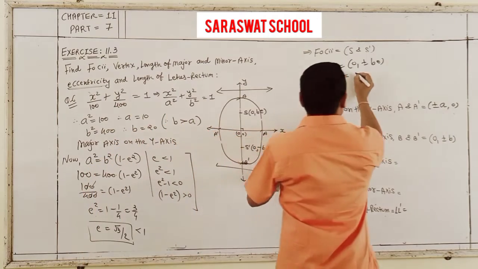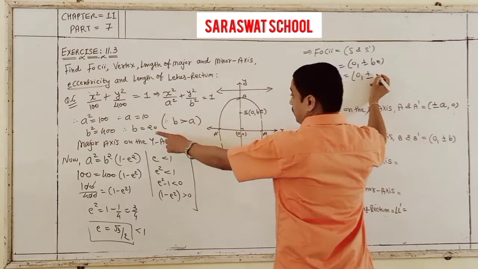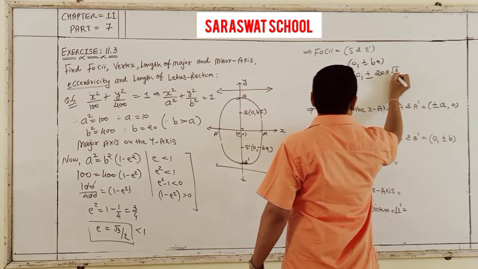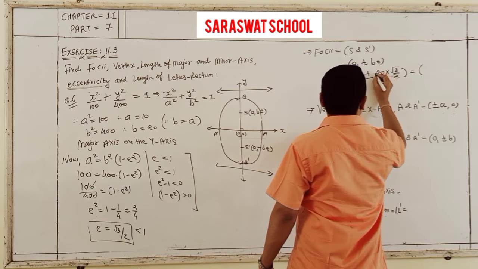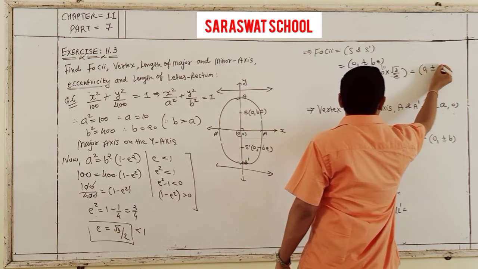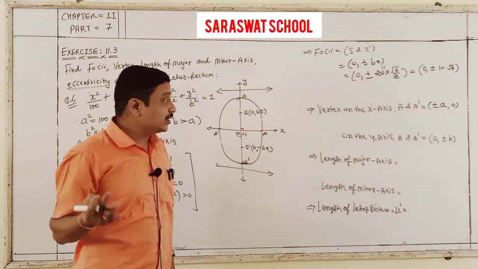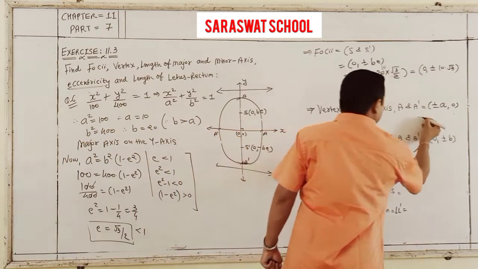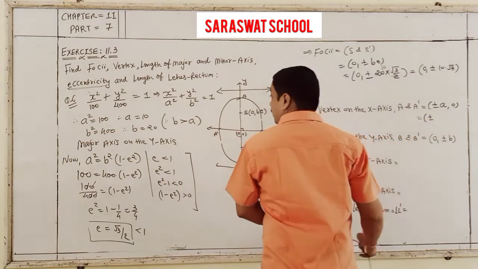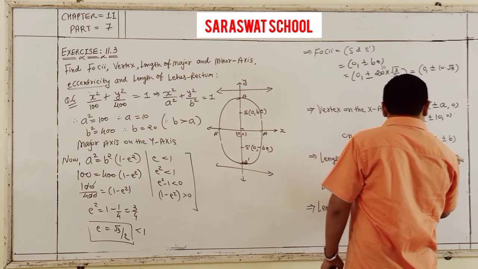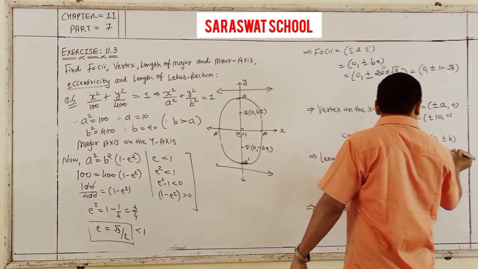So students, 0 comma, what's b? B is 20. E becomes root 3 by 2. So your answer is only 0 comma plus or minus 10 root 3. Now points on the respective axis, plus or minus a, I have 10. Yes students. Similarly here 0 comma, b is 20.